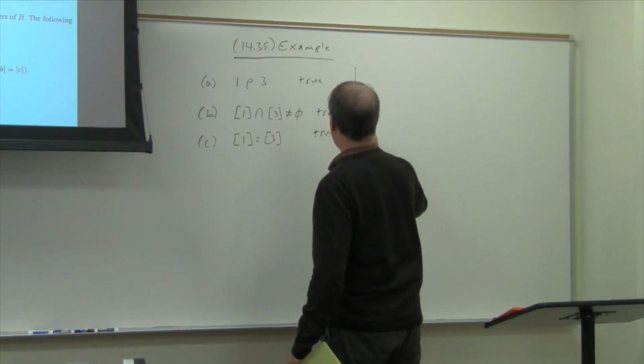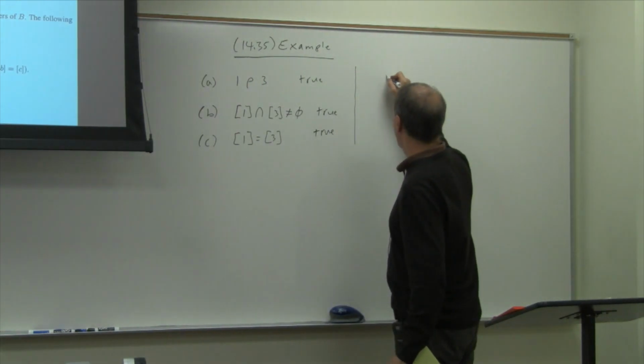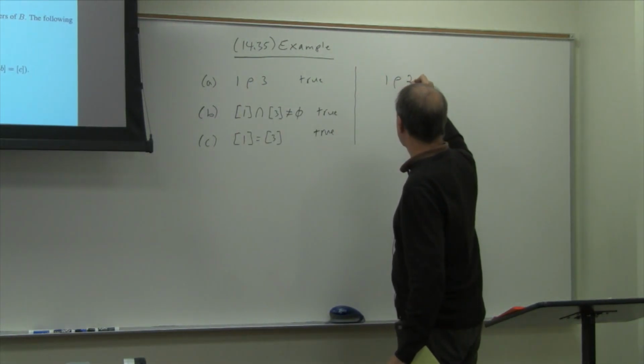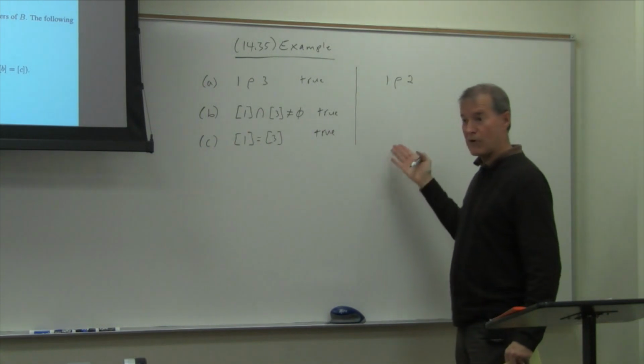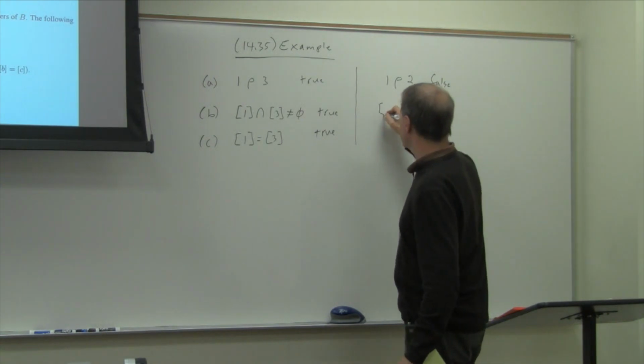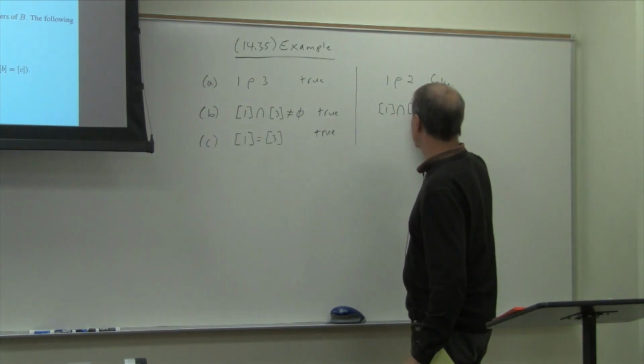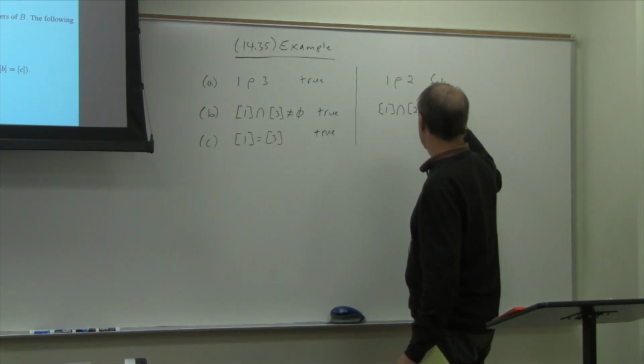On the other hand, let's take a look at 1 and 2. What is 1 rho 2? False. Are you with me? And what about equivalence class of 1 intersection equivalence class of 2 is not equal to the empty set?